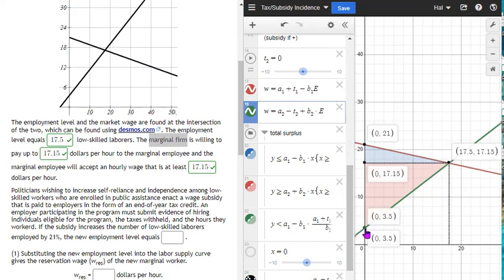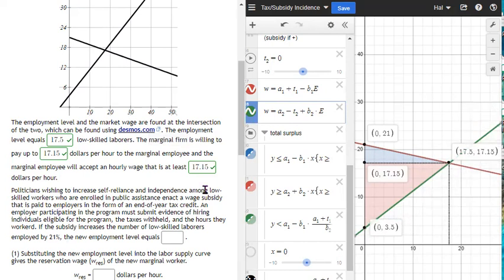This person might be really desperate to get a job, and so they'd be willing to do a job for $3.50. And then if we order people from the lowest reservation wage to the highest reservation wage, we generate the labor supply equation.